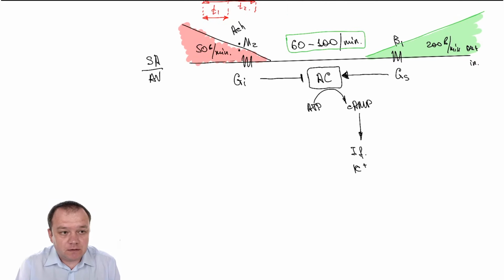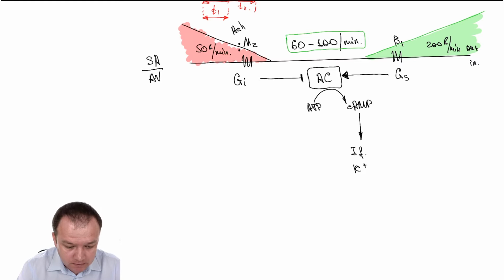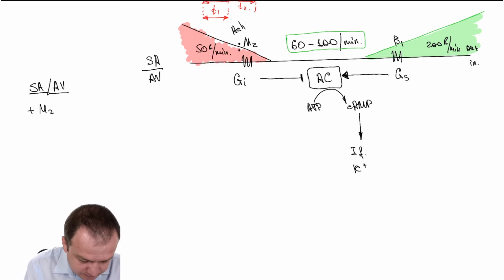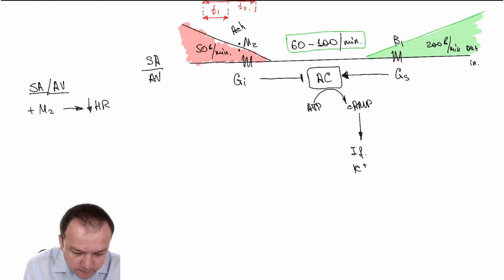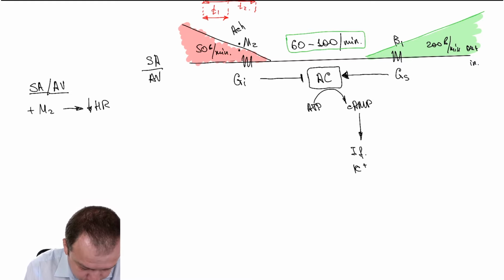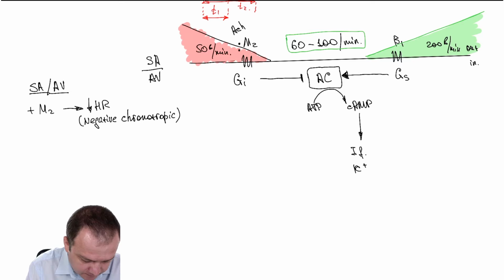Let's summarize. Activation of M2 receptors in the sinoatrial node and AV node decreases heart rate and causes the so-called negative chronotropic effect.